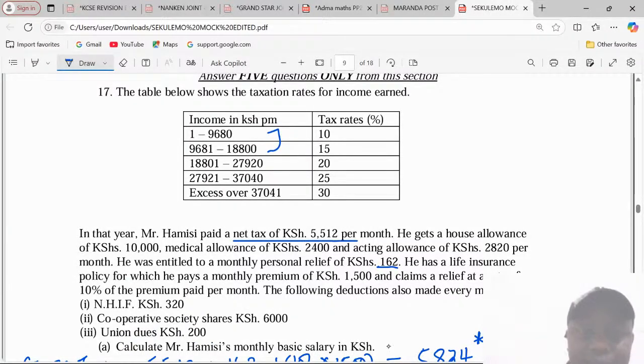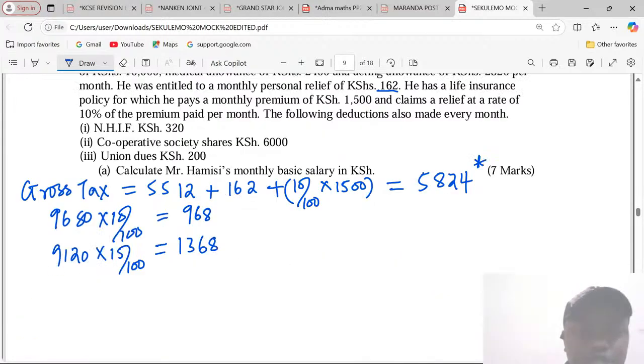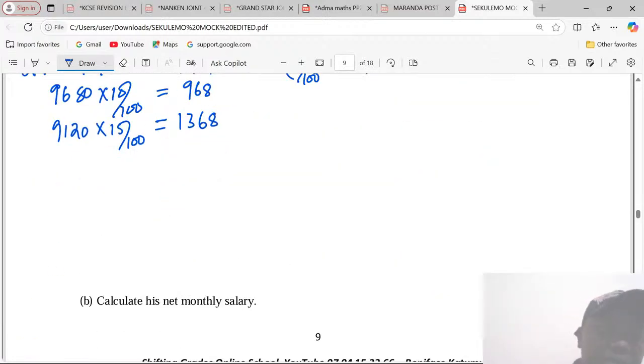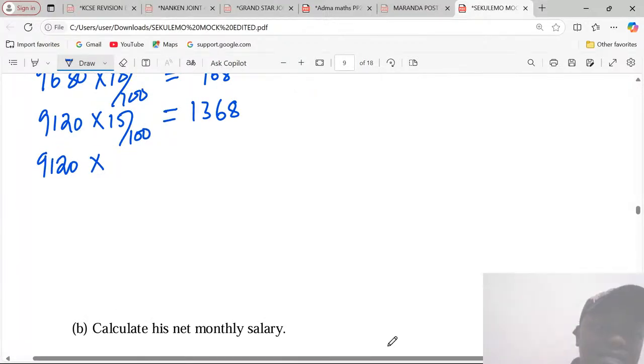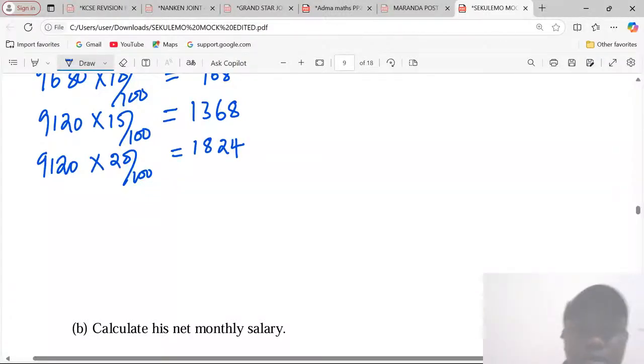In the third bracket, we subtract 27,920 minus 18,800. This will be 9,120 at 20%. I'm getting 1,824.